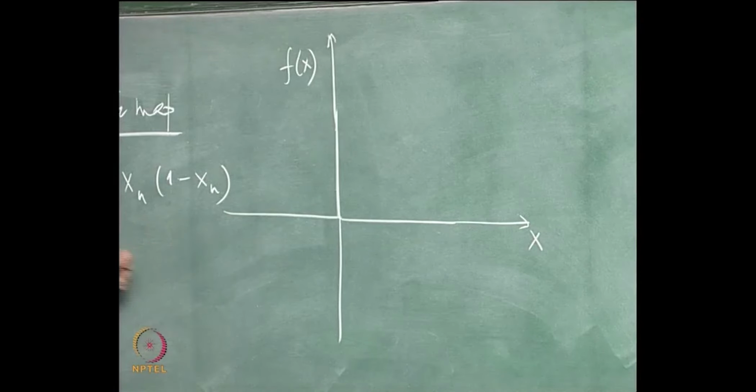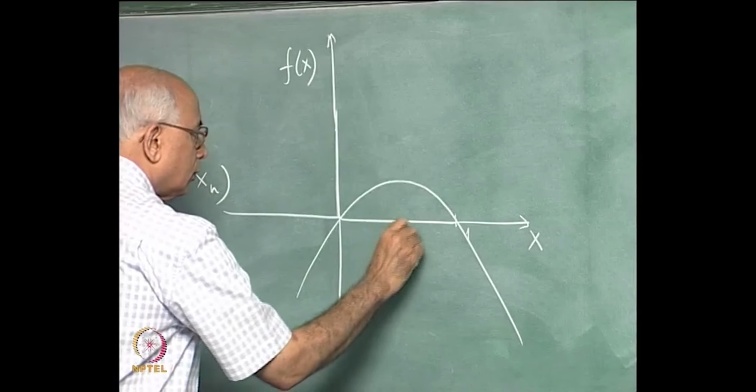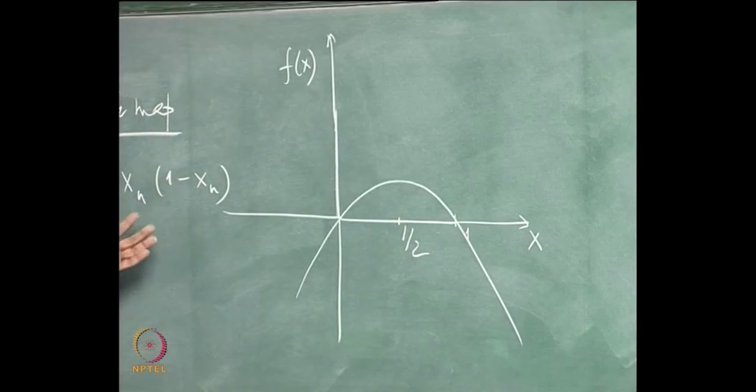This quantity vanishes at both 0 and 1. So here is 1, and this map perhaps looks like this. It is a parabola, it goes up and comes down in this fashion. The largest value is at a half. That is obvious because x times (1 minus x) has its maximum value at a half.